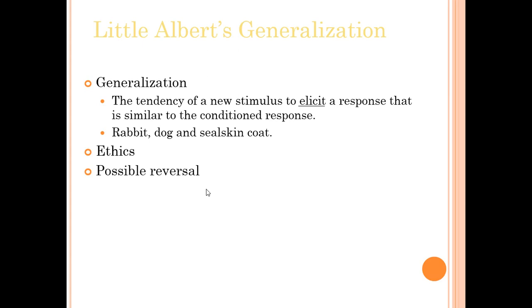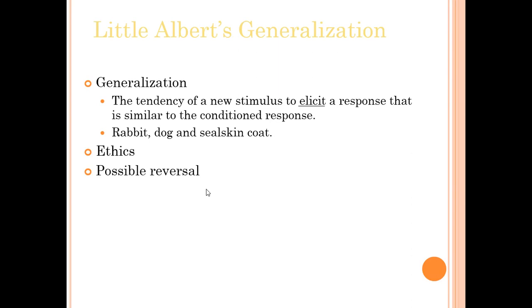I think it's important to point out that Watson eventually did lose his job, but not because of what he did to little Albert. He lost his job because he was caught having an affair. And back then, that was something that was incredibly taboo. And no one cared about little kids. And so they didn't care that he had given a child a phobia and had never even tried to take away the phobia after he gave it to the child.